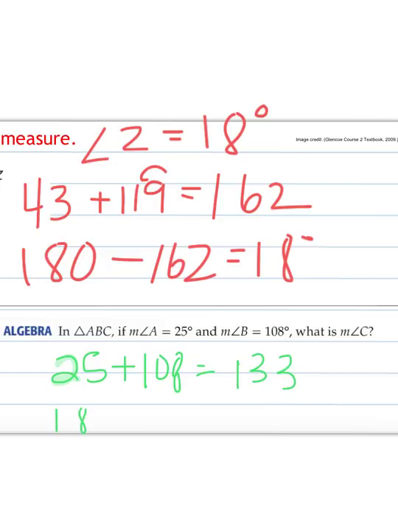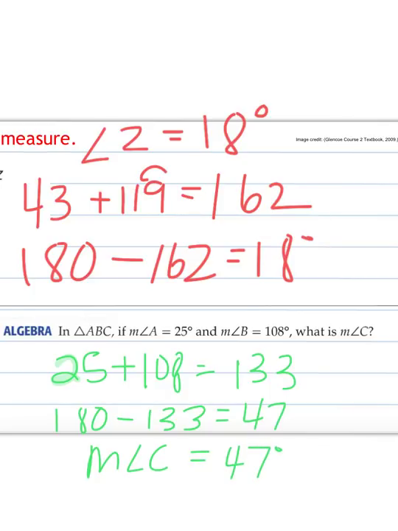Again, subtract that off of the 180 that we have to have total, because every triangle will always add up to be 180 degrees. 180 minus 133 equals 47. So the measure of angle C equals 47 degrees.